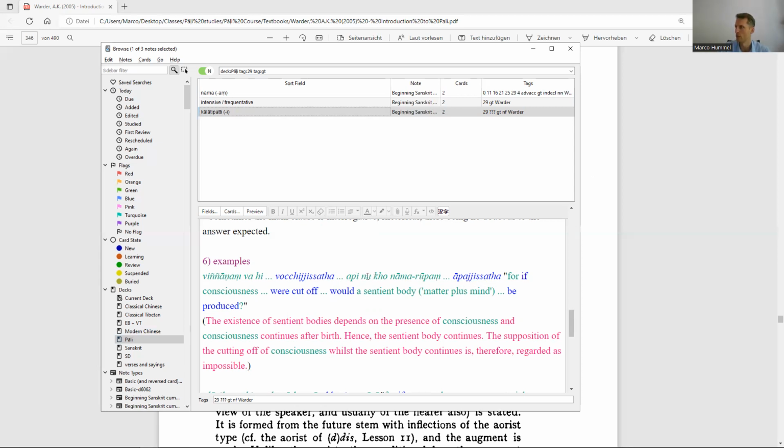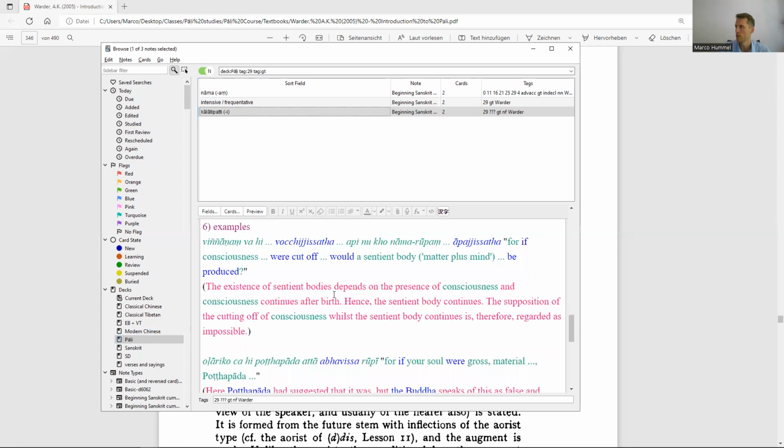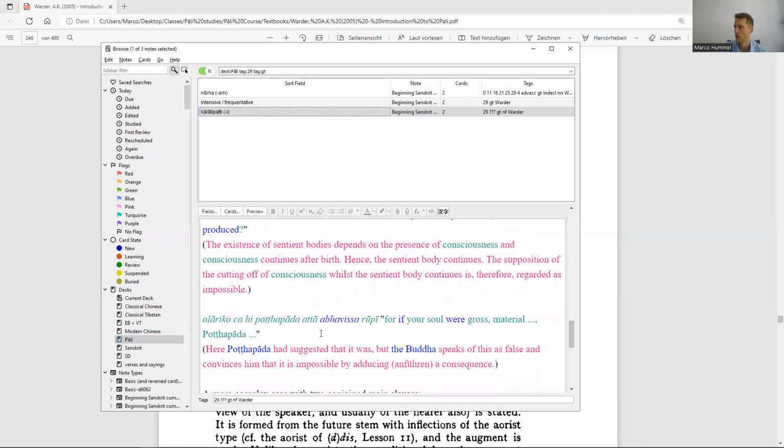Because it's a question, we have this api nu, the interrogative particles. Here the existence of a sentient body depends on the presence of consciousness, and consciousness continues after birth. Hence the sentient body continues. The supposition of the cutting off of consciousness whilst the sentient body continues is therefore regarded as impossible.